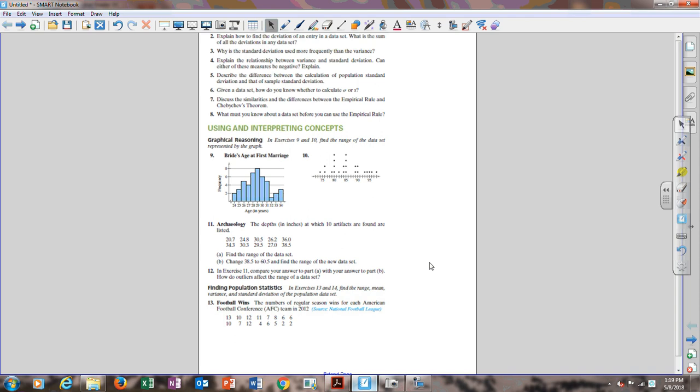That's because it's all of the AFC teams, or for each AFC team. So that would be 3.4 for your standard deviation. Your range is the max minus the min, which would be 11. And I think that's all you had to find. Variance too.